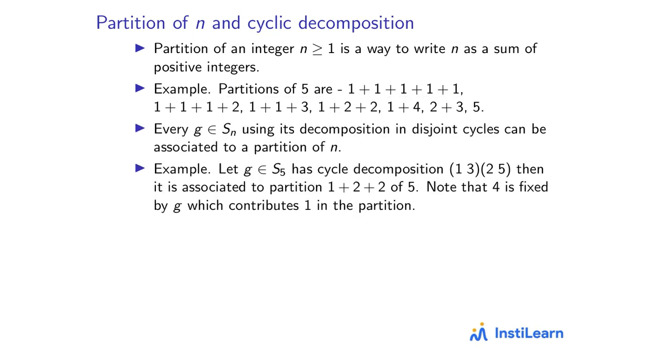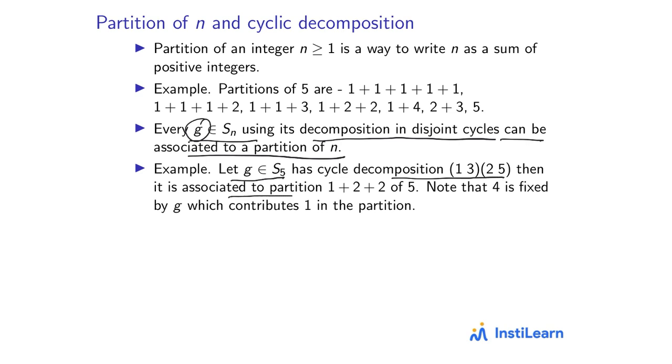Okay, so now take any permutation G in Sn and look at its decomposition in disjoint cycles. Now using this decomposition you can associate G to a partition of n. Let's see how. So let G be in S5 and it has cycle decomposition 1, 3 and 2, 5, these two cycles.